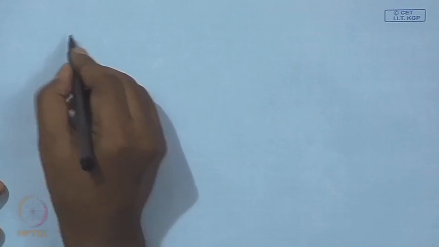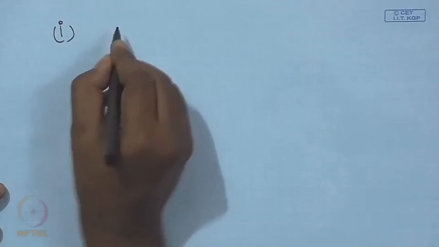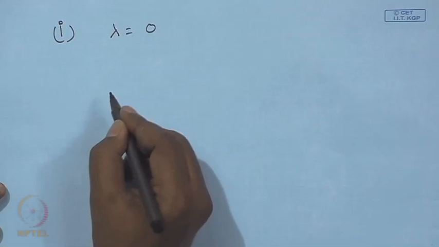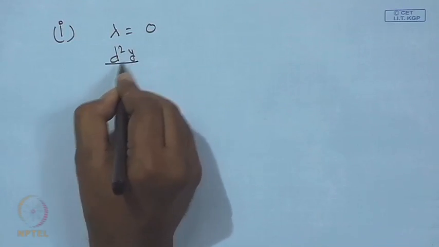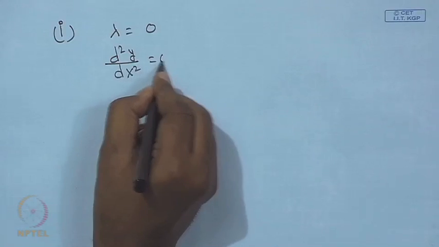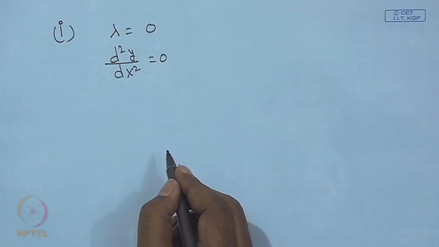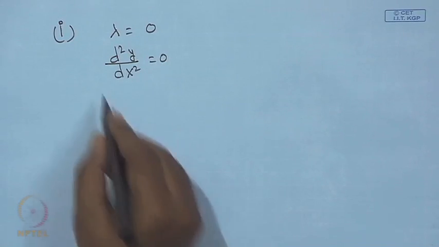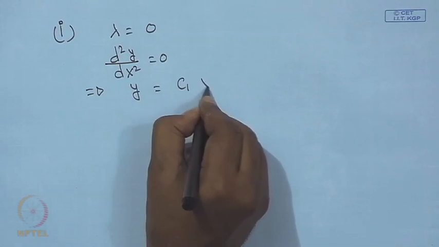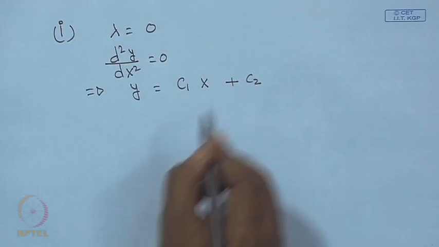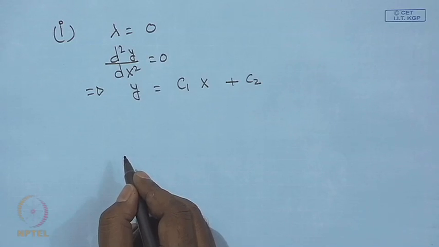So, case 1 is lambda is equal to 0, and again the form of the differential equation is d square y dx square is equal to 0, and we know the solution to this problem, and the solution becomes y is equal to c 1 x plus c 2. Now, let us put the boundary conditions.